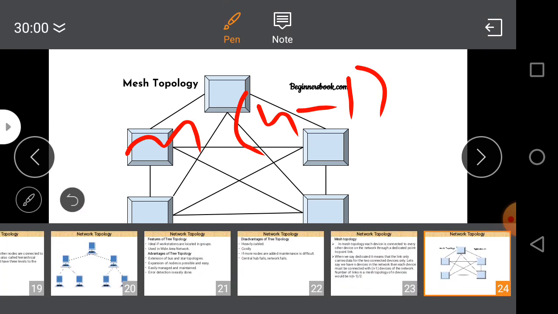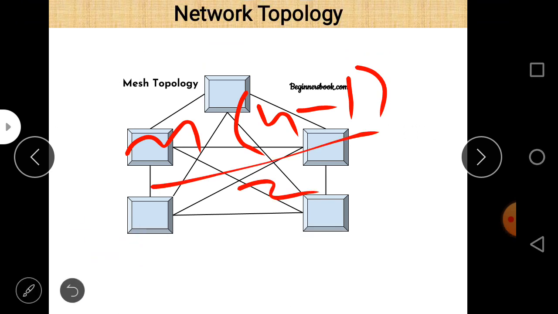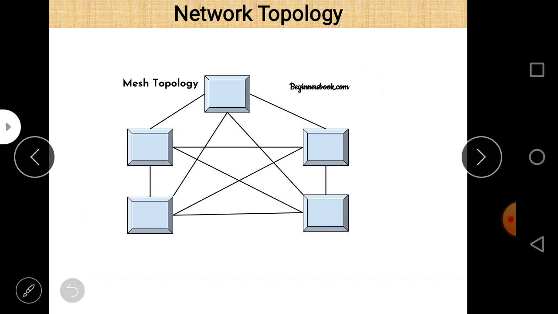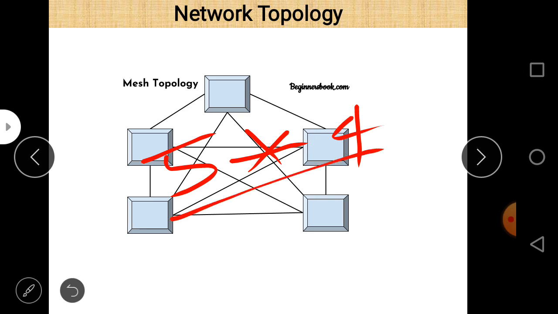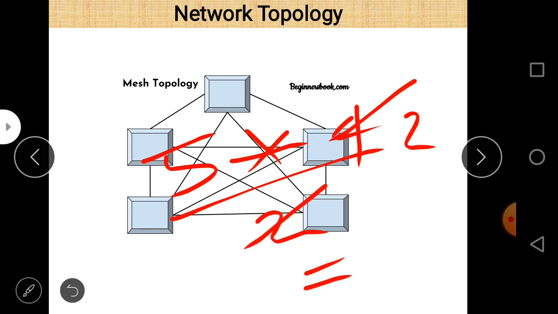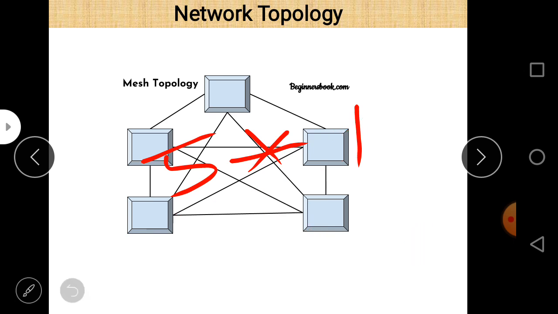So here, n(n-1)/2 means 5 into 4, because n minus 1 is equal to 4 and n is equal to 5, divided by 2. So here value equals 10. So 10 dedicated lines should be there.